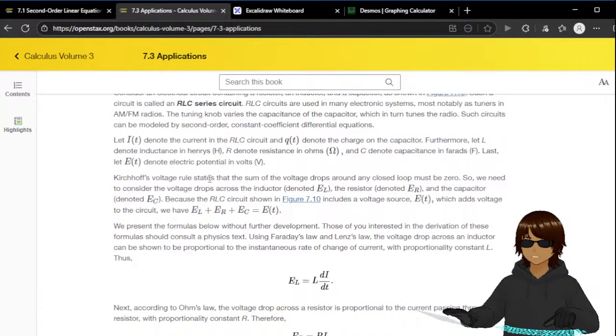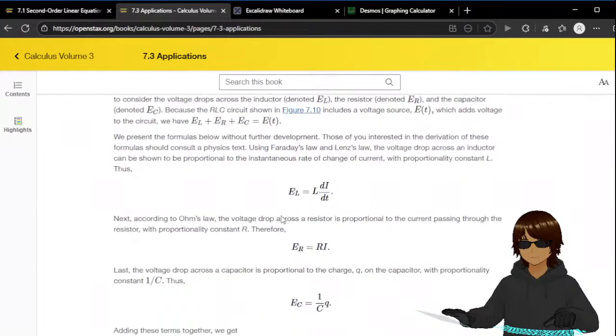Kirchhoff's voltage rule states that the sum of the voltage drops around any closed loop must be zero. So we need to consider the voltage drops across the inductor, the resistor, and the capacitor. Because the RLC circuit shown in figure 7.10 includes a voltage source E, which adds voltage to the circuit, we have EL plus ER plus EC is equal to E.